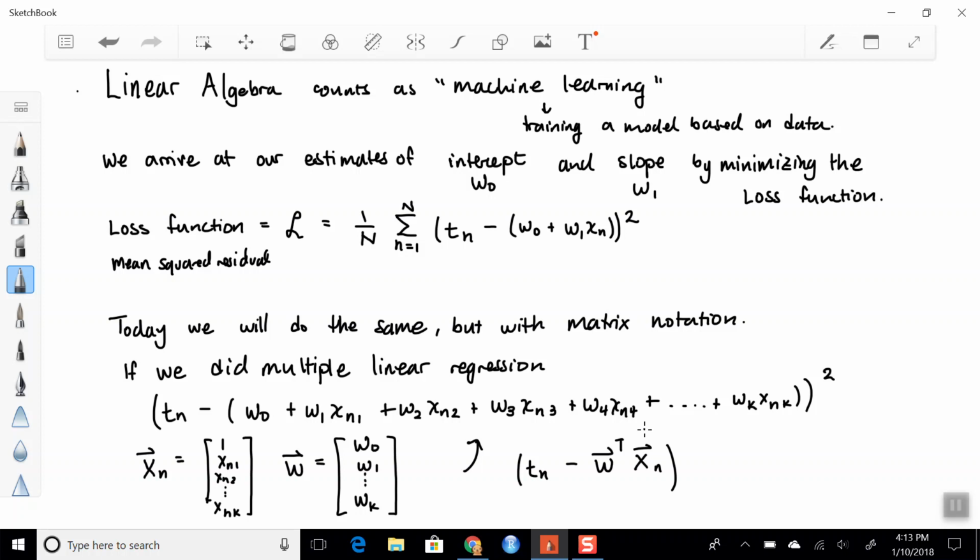And so having a notation like this will certainly make our life easier, okay?